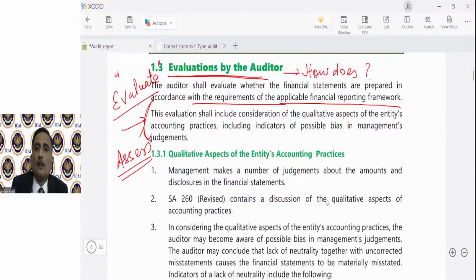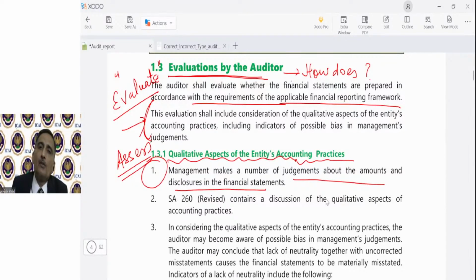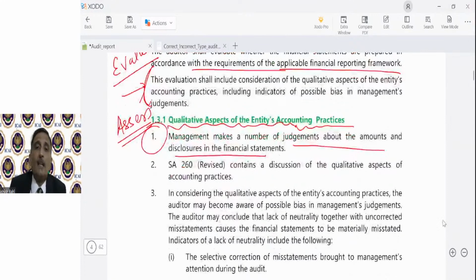So the evaluation relates to qualitative aspects of the entity's accounting policies. Now, as you know, management makes a number of judgments regarding the amounts and disclosures in financial statements. So the auditor might become aware of some bias in management's judgment.